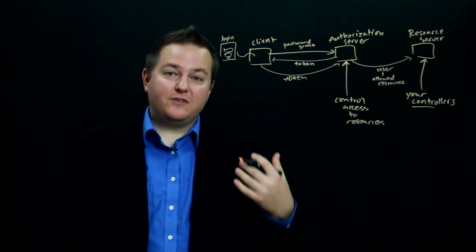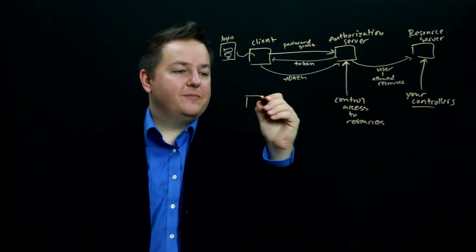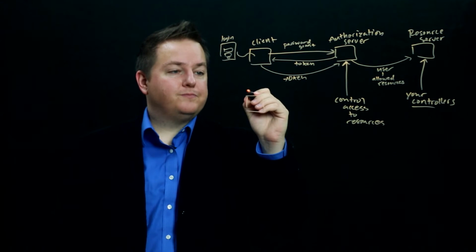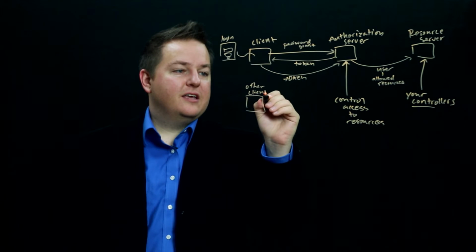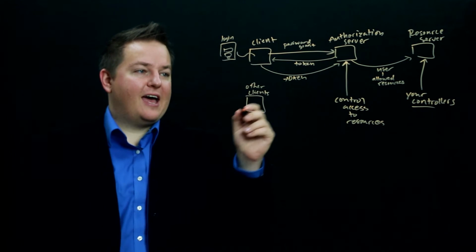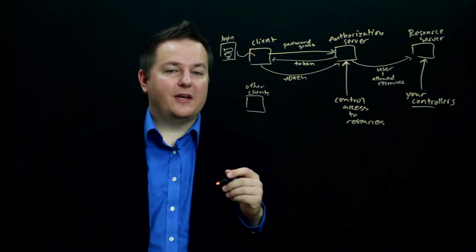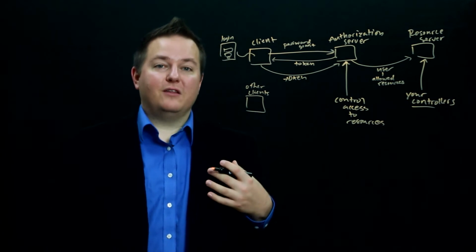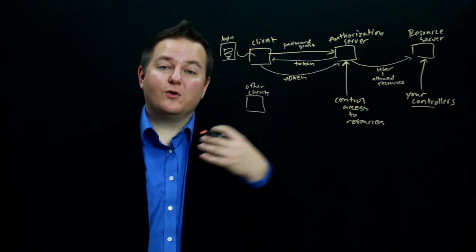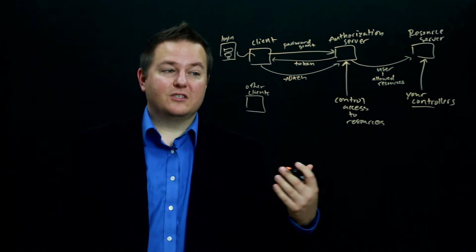There are other flows in OAuth that allow other clients that aren't created by you to get access to tokens without having that app show a login screen that's controlled by that client. But those flows are not exactly relevant to us at the moment because we're going to be creating our own client and our own service and consuming our own service.